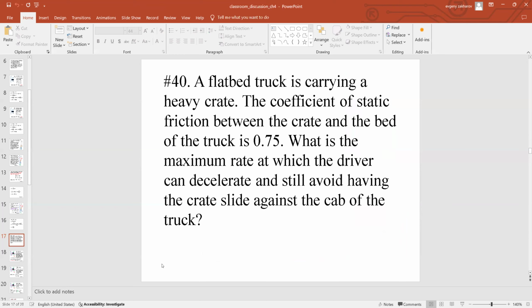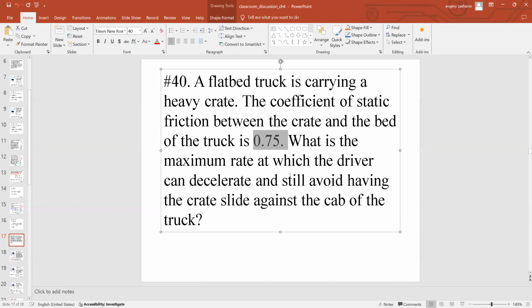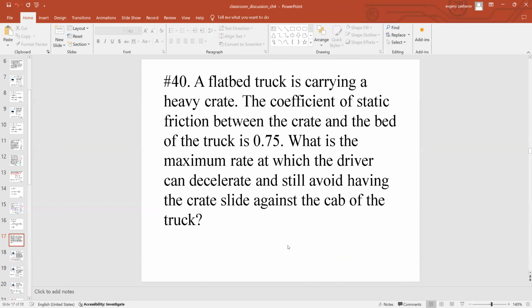Okay, now friction. So we got a truck and a crate on top. And there is static friction between the crate and the truck. And the coefficient of friction is given. See, no units. Remember that Greek mu. Mu is the coefficient of friction and has no units. So what's the maximum rate that we can decelerate and still avoid any motion of the crate?